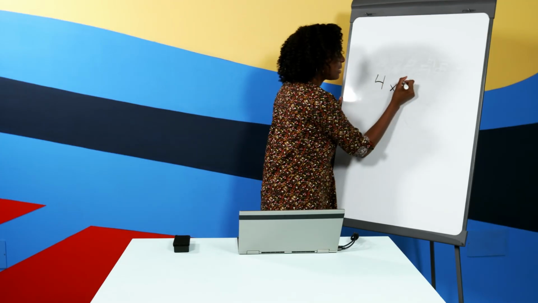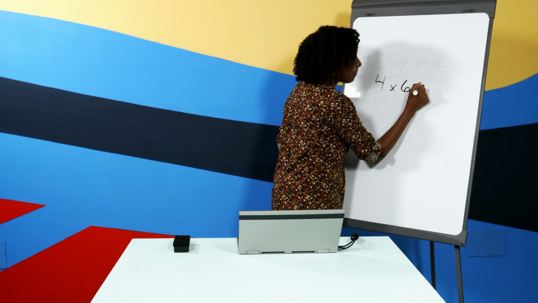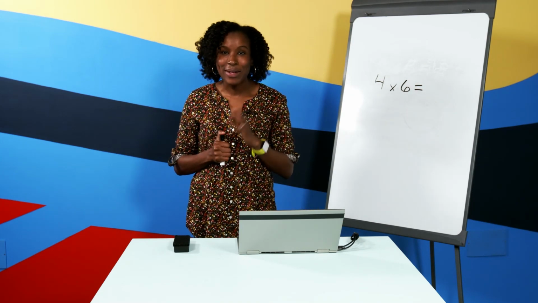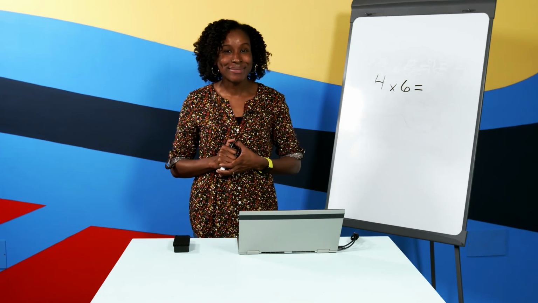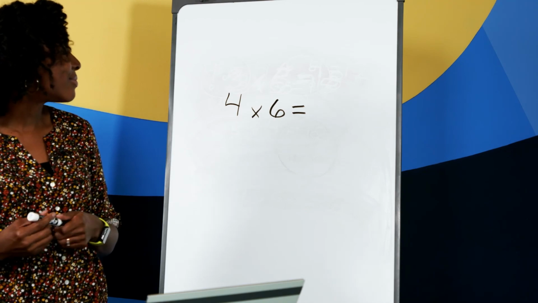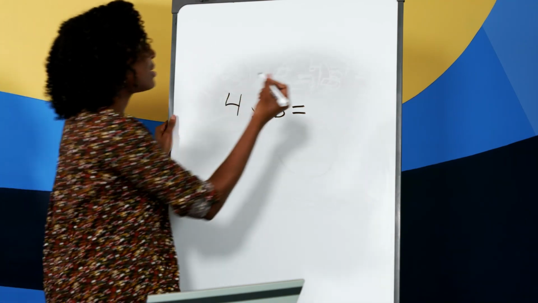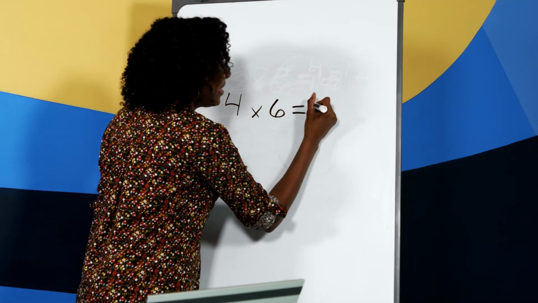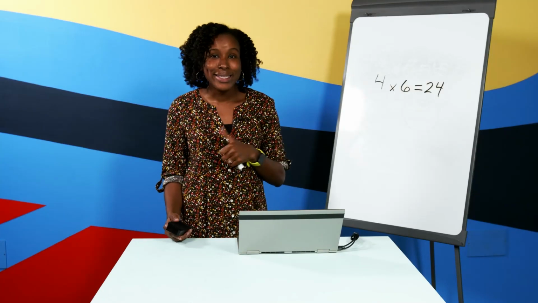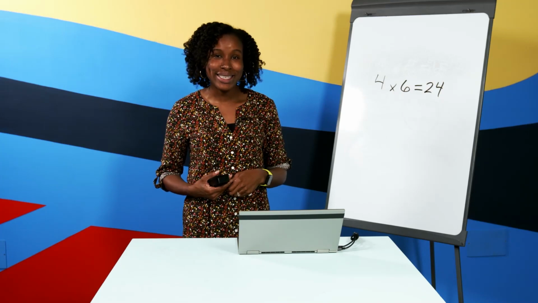There are 6. When we solve 4 times 6, I'll give you a second to try that now. And I'm sure you've got a great answer there of 24. Excellent job practicing those multiplication skills today. Good work.